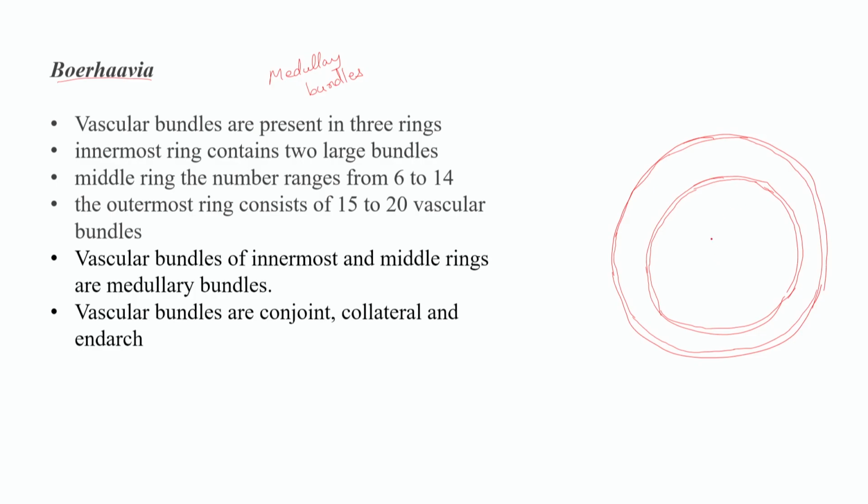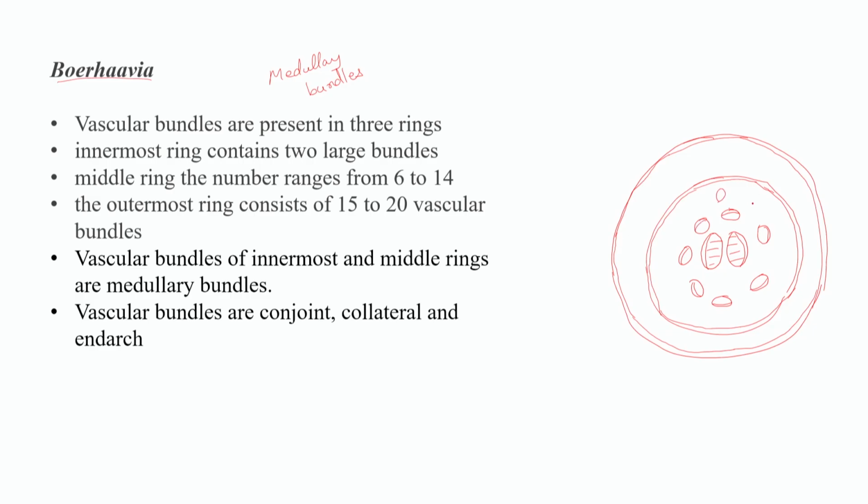So in this you will see two large bundles in the center. Their phloem will be on the outer side and xylem on the inner side, followed by 6 to 10, or 6 to 14, middle sized vascular bundles in the middle region.